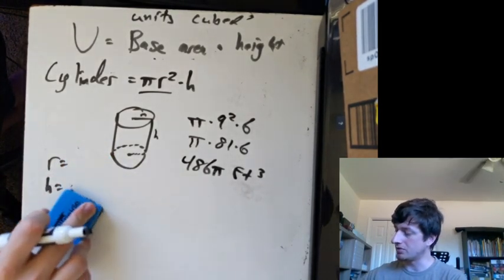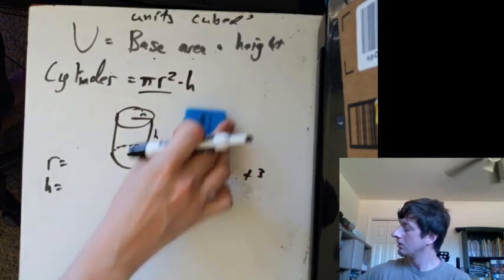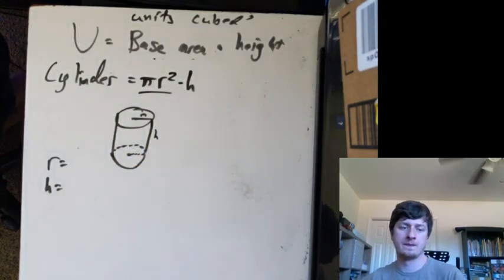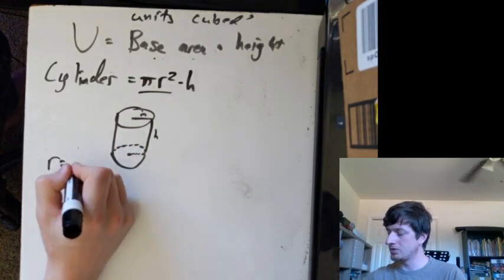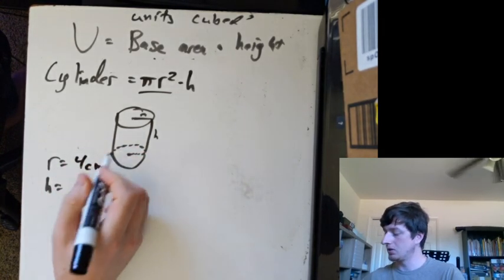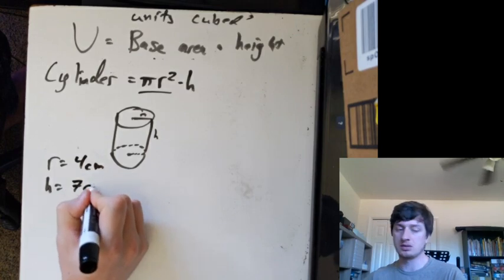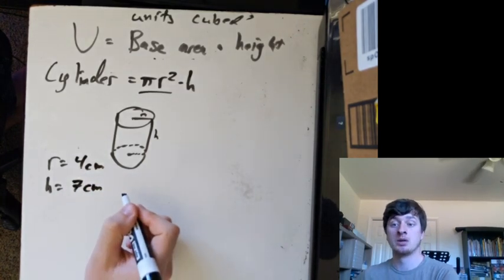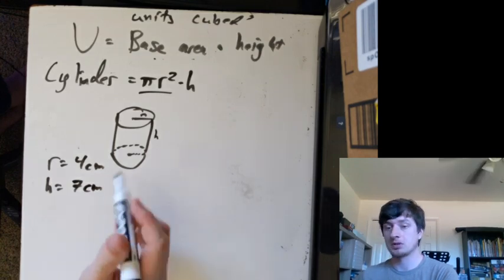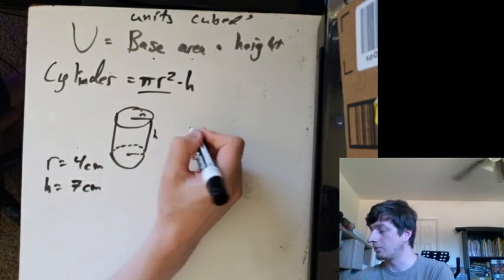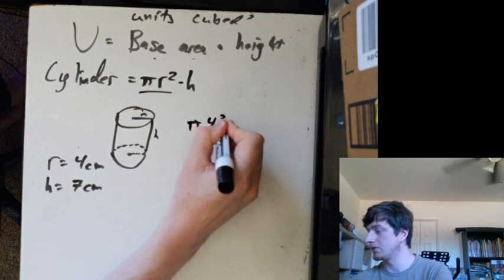The other example that's in the book. So we'd have 4 centimeters for the radius and 7 centimeters for the height. And the units need to be the same. You may need to convert units to make them match, but they need to be the same thing. So here we would do pi times 4 squared times 7.